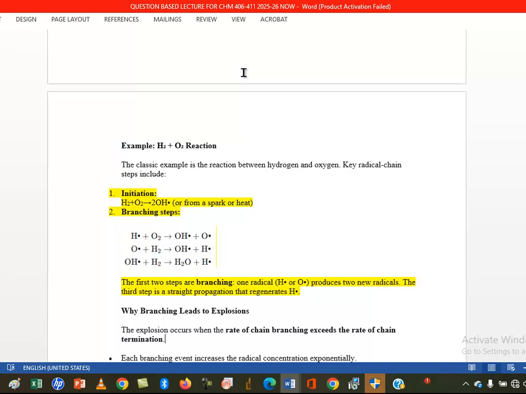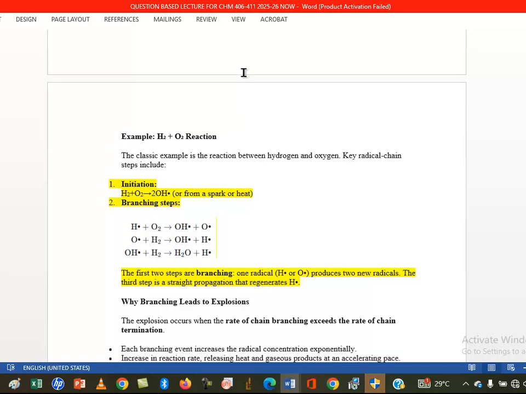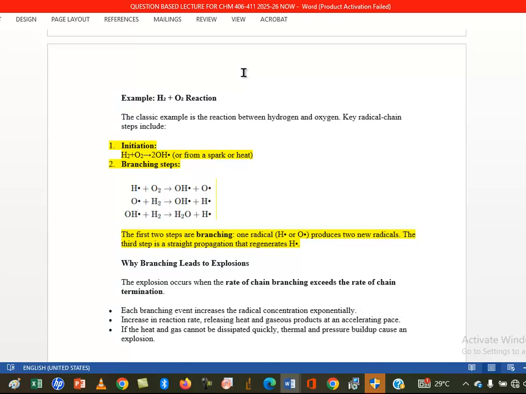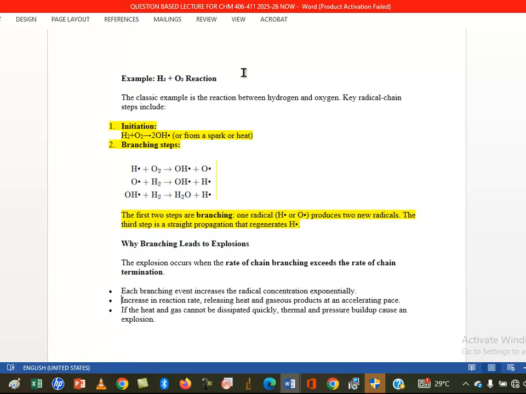An explosion means that you have generation of so many radicals, and before you know it, lots of heat is generated, and if the heat is not quickly dissipated, you have pressure buildup, and the pressure buildup leads to an explosion. So that's just it. This is your answer for the third part.